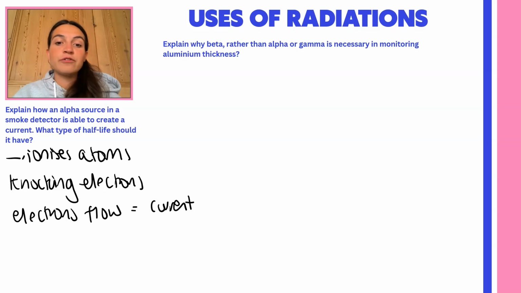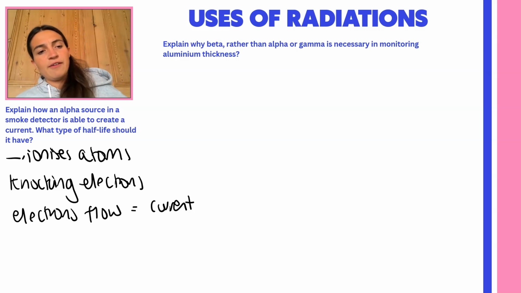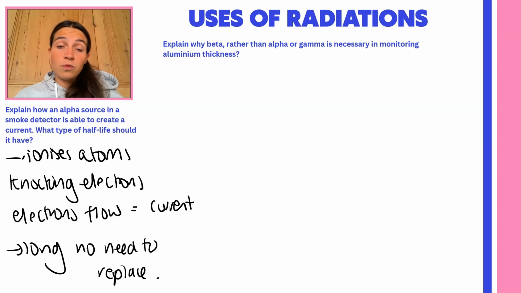Electrons flowing through is exactly what a current is. So you have a current. What type of half-life should it have? Well, hopefully quite a long one, because you don't want to have to be replacing the source in your smoke alarm very often.